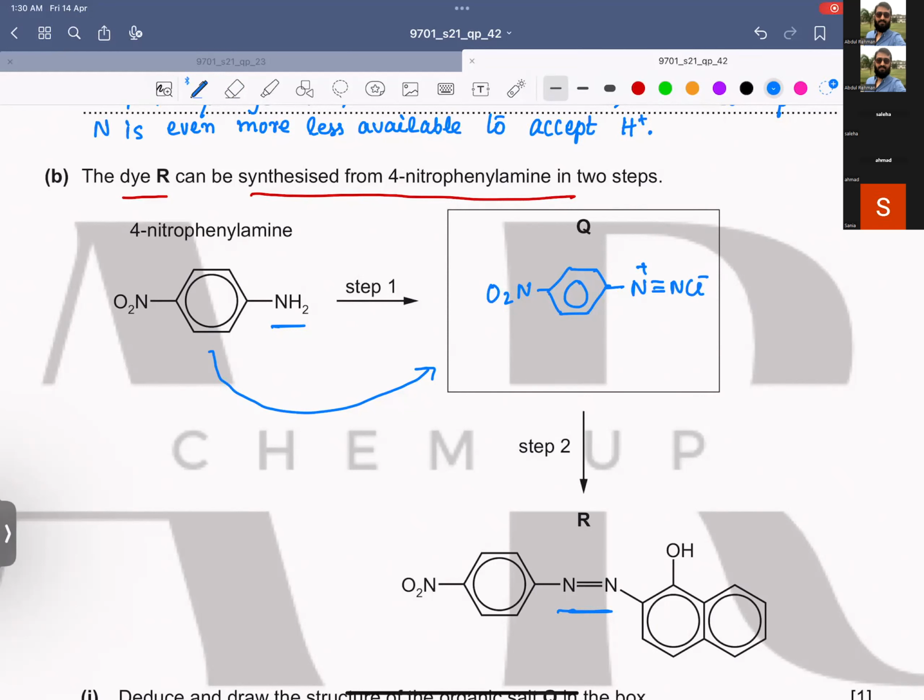And for this, if you recall the reagent, we would use NaNO2 and HCl, below or equal to 10 degrees Celsius temperature.